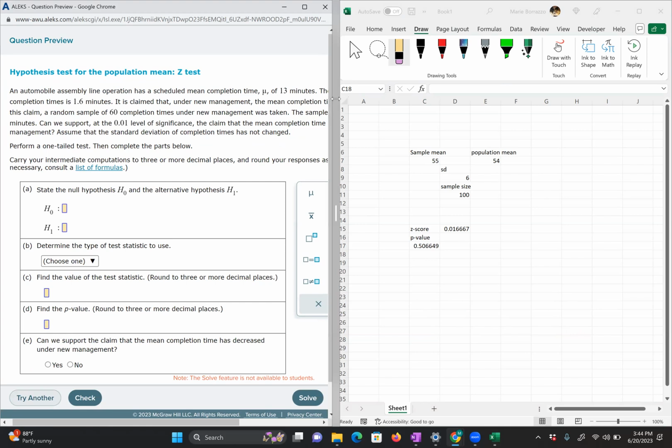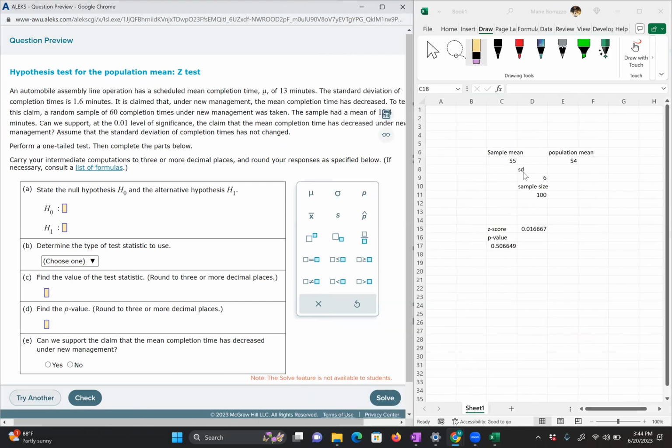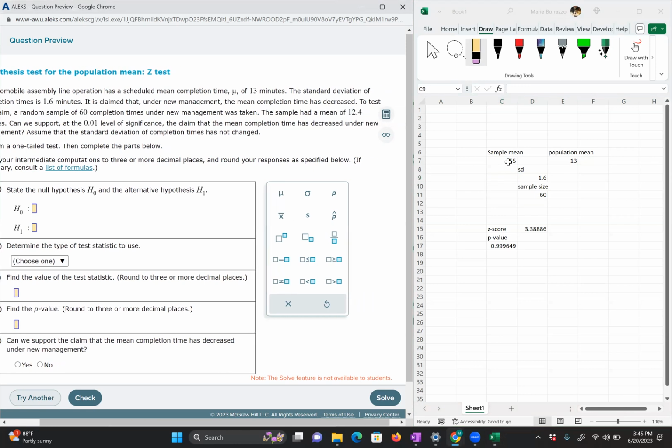Okay, so according to this, this is what I have. Let me open this up just a little bit. They're saying that the sample mean versus this value. So this is 13 minutes. This was given to us. Standard deviation of 1.6 minutes. I'm just reading off the screen. They're doing a sample of 60 versus 100. They also stated that they have a mean of 12.4 minutes.